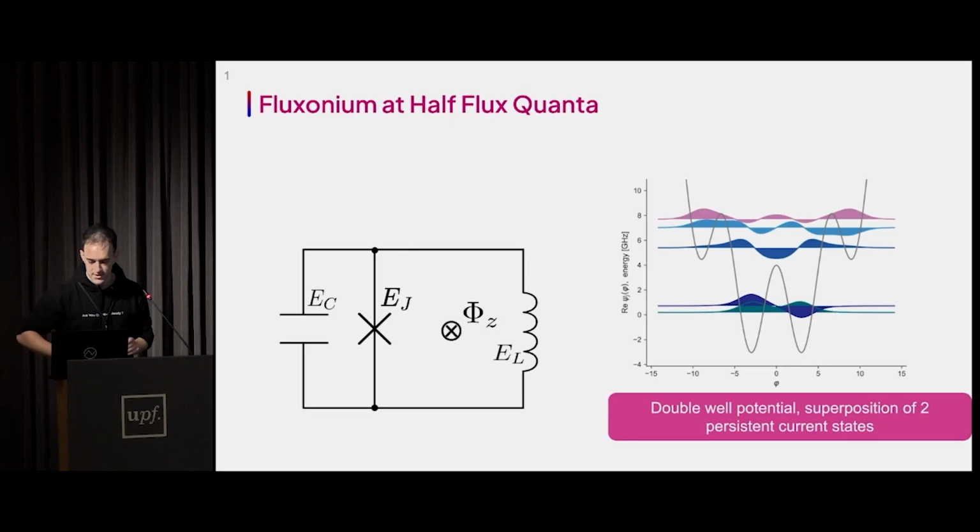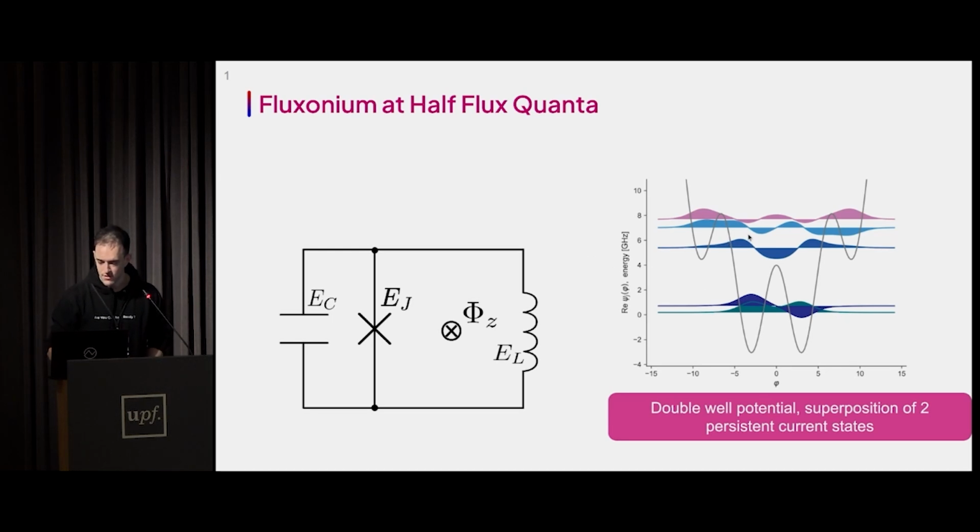As we said in Lorenzo's talk, when the external flux in the fluxonium loop is at half a flux quantum, you have this double-well potential, and it's characterized by these two current states. The ground and excited states have two wave functions, where one is symmetric and the other one is antisymmetric.